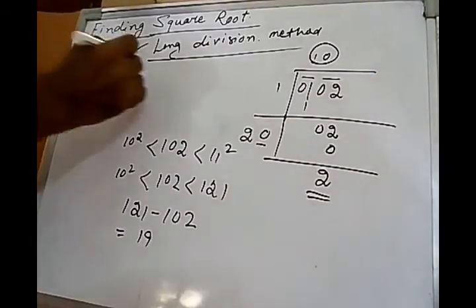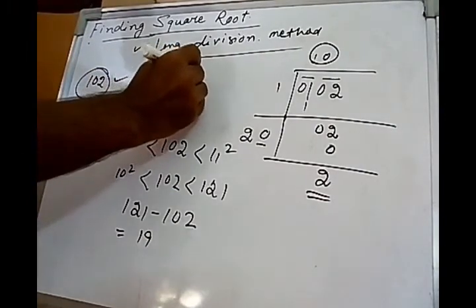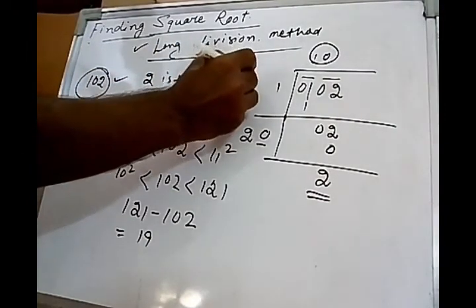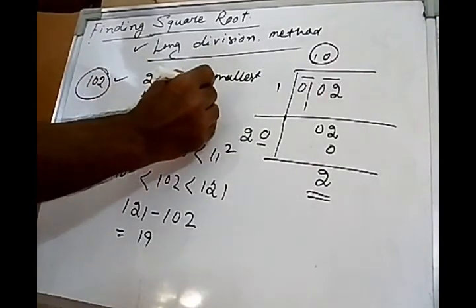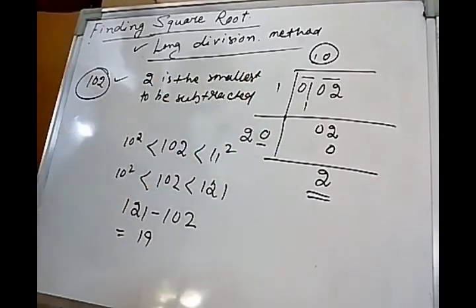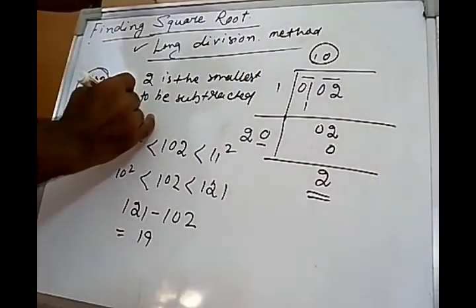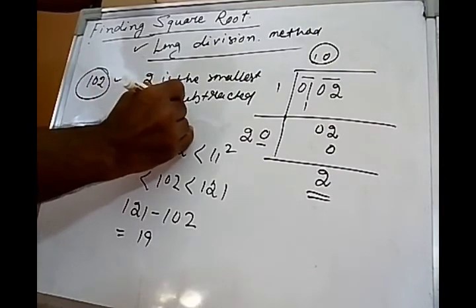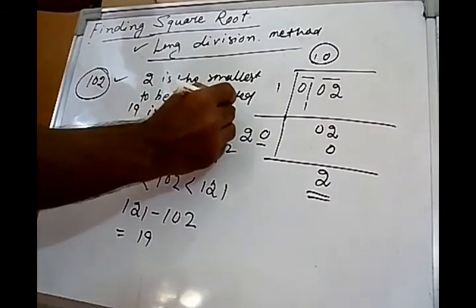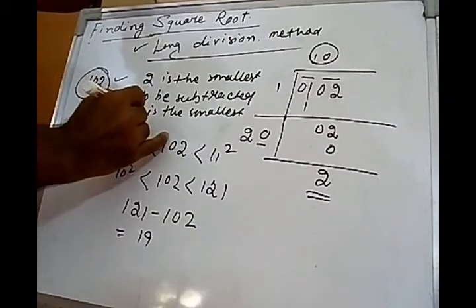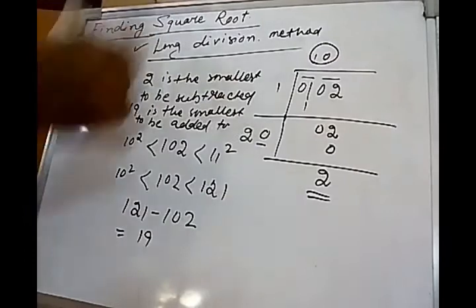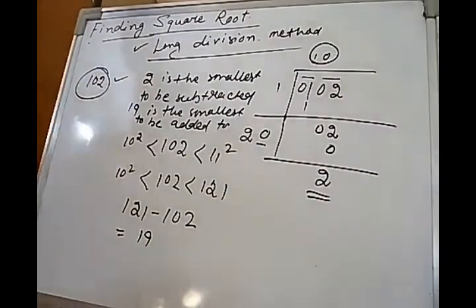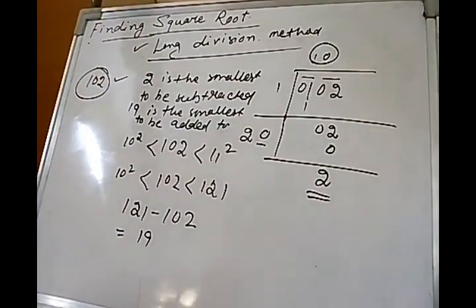So we can take 2 as the smallest number to be subtracted to make a square number, and 19 as the smallest number to be added to make a square number. So with the help of the long division method, we can find out which number will be added and which number will be subtracted.